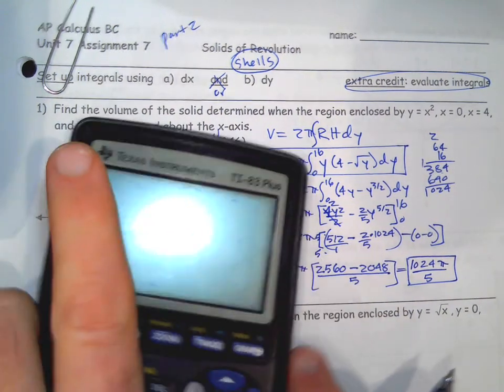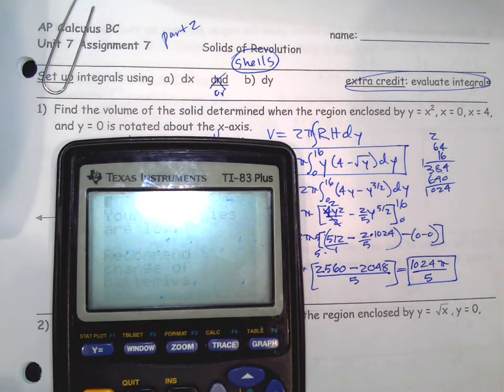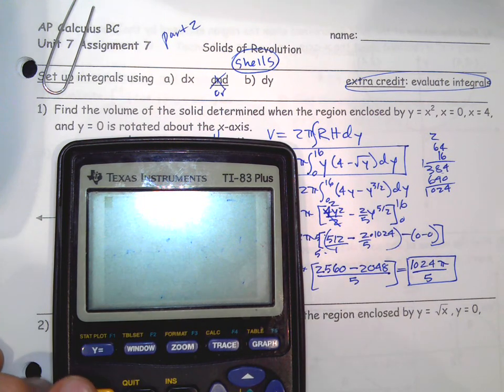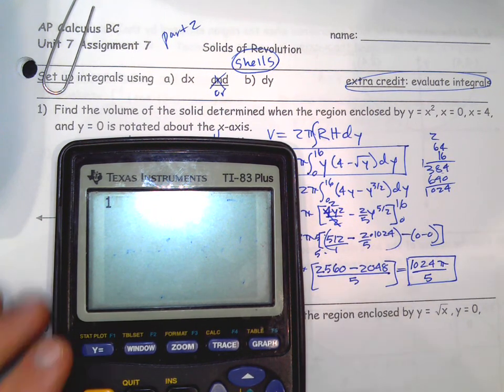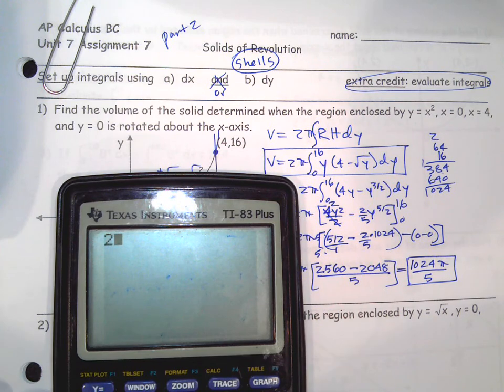And that is the same answer we got when we did disks and washers, but let's do this on the calculator. 2 pi, math 9, x, parentheses, 4 minus the square root of x, comma x, comma 0, comma 16.